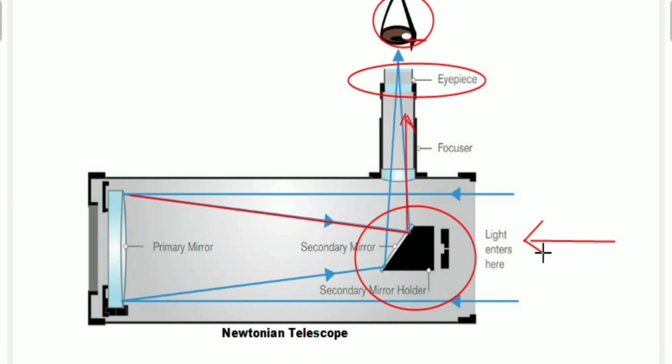After being reflected by the concave mirror, the primary mirror, they are reflected one more time by the plane mirror, and when they pass through this focuser and the eyepiece from the other side, after multiple reflections a bright, magnified image is formed, and because of that one can see the objects called heavenly objects.